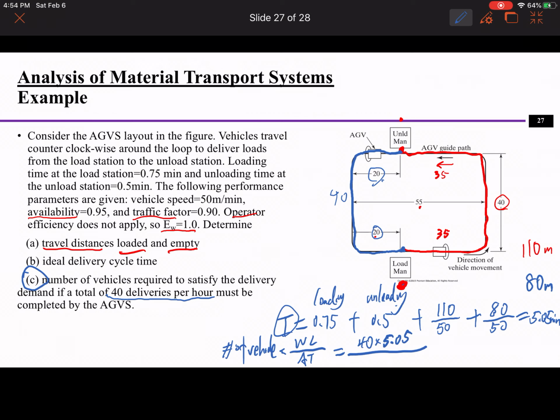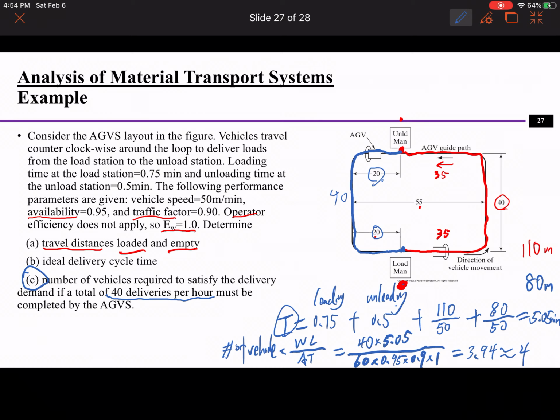Availability equals 60 minutes times the availability factor, which is 0.95, times the traffic factor, which is 0.9, and then times the operator efficiency, which is 1 in this problem. So this is how we calculate the number of vehicles required. It actually equals 3.94, which is close to 4, so we use 4.